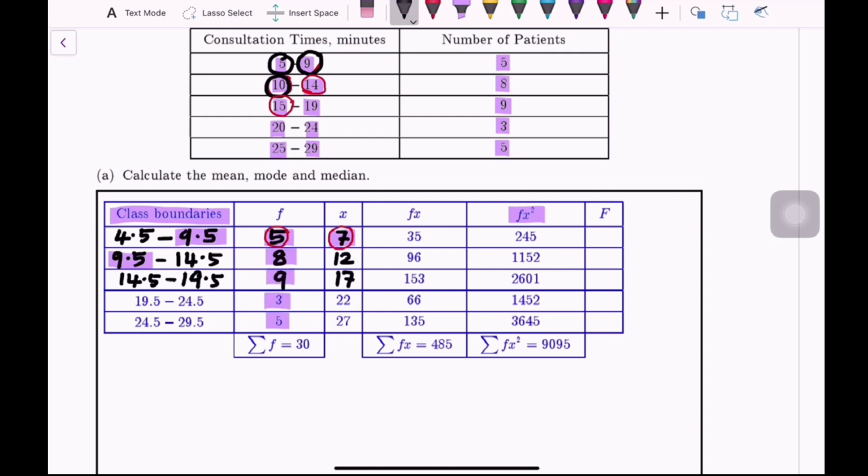First cumulative frequency is 5. For the next, we total up the frequency of the next class. So we have 13. And the next value is 13 plus 9 equals 22. Then 22 plus 3 equals 25. And 25 plus 5 equals 30.